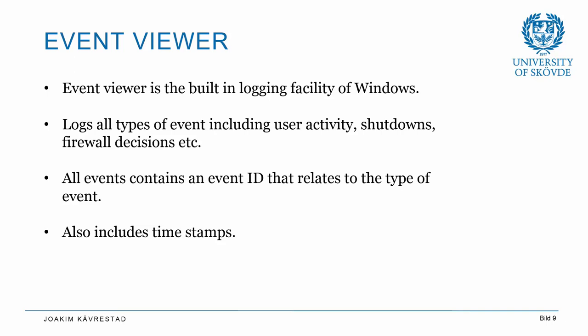It logs logins, etc. All events in the event viewer contain an event ID that relates to the type of event, and there are also timestamps so you can see when things are happening. And getting familiar with not only event viewer but any logging facility that is used by different operating systems or network platforms is essential for a security professional because this is where you can see what is happening in your system, and one such thing is, of course, looking for weird events in event viewer.